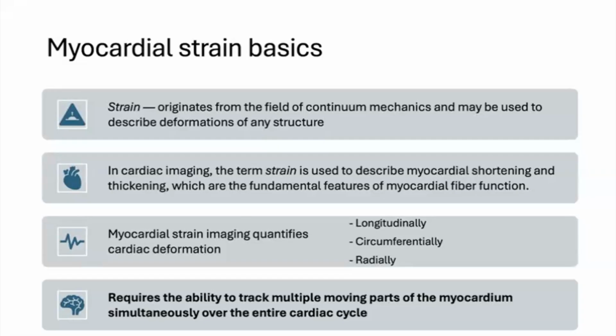So when it comes to cardiac imaging, the term strain is used to describe myocardial shortening and thickening, which are the fundamental features of myocardial function, longitudinally, circumferentially, and radially. And so myocardial strain imaging quantifies cardiac deformation.